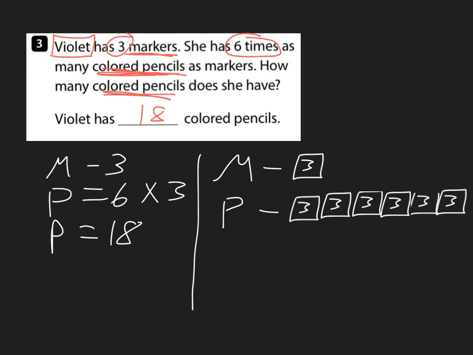So this is 6 times as many. So we do 6 times 3, or we could do our multiples of 3. Let's count them up. 3, 6, 9, 12, 15, 18. So I know that Violet has a total of 18 pencils.